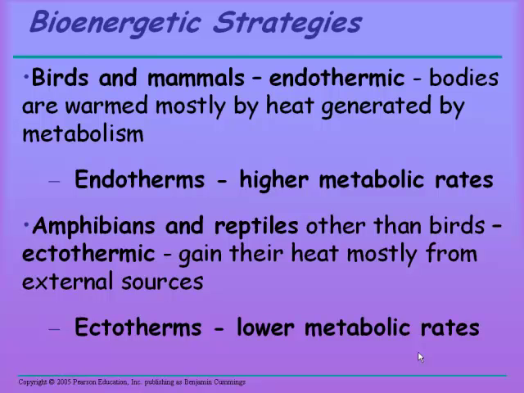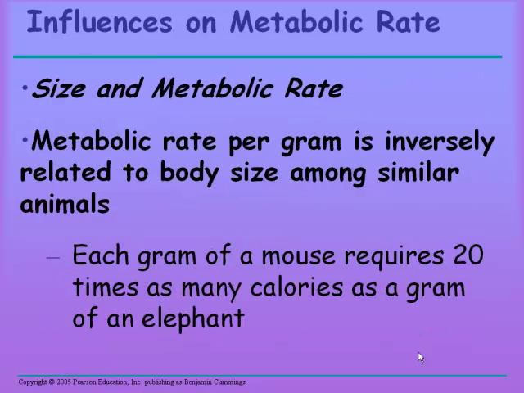Amphibians and reptiles are ectotherms. They gain their heat mostly from external sources, and their behavior is dictated by that. So they will move to the sun or to a hot rock that's been warmed by the sun to warm themselves. Consequently, ectotherms can hibernate for a long period of time, and they have much lower metabolic rates.